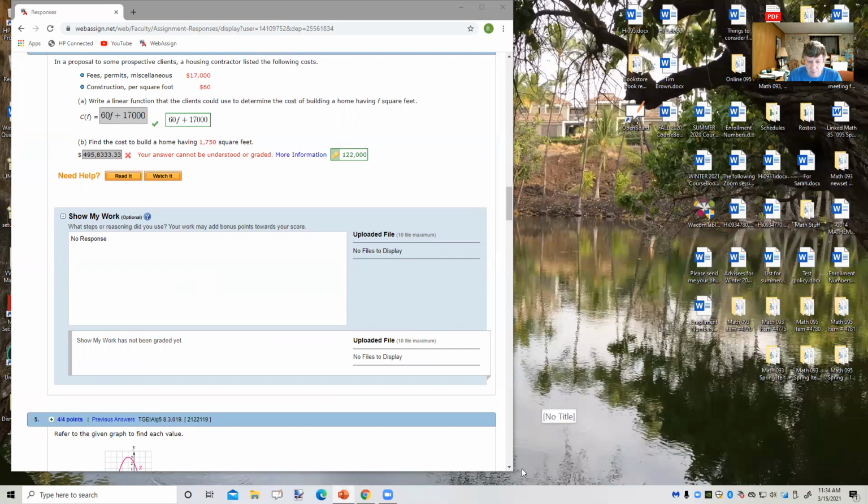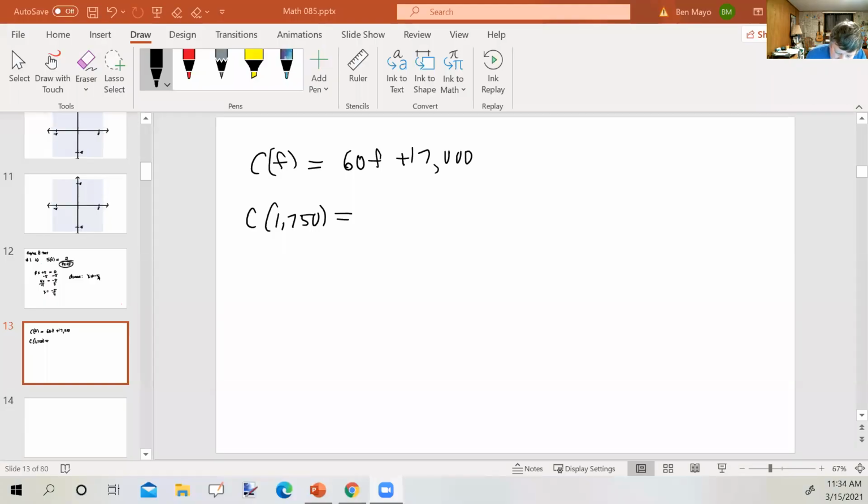So going back to the whiteboard again, C of 1,750 equals 60 times 1,750 plus 17,000. Putting that into the calculator, we get 122,000, and that would be dollars.